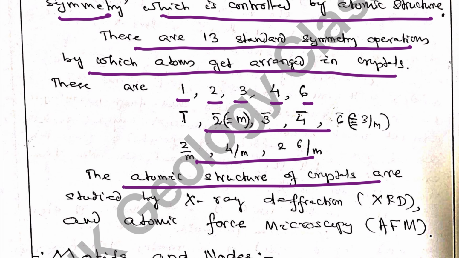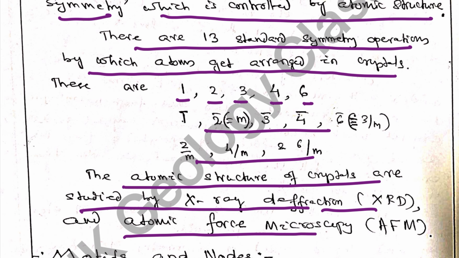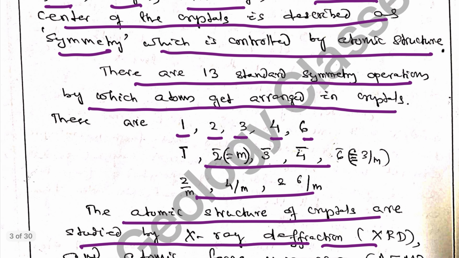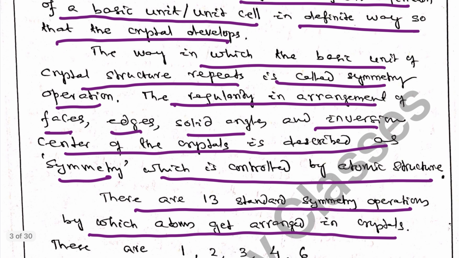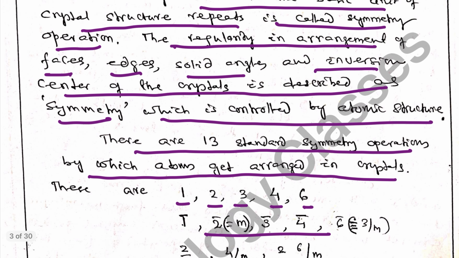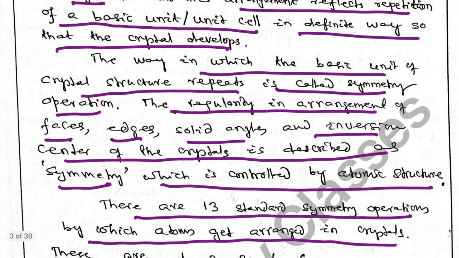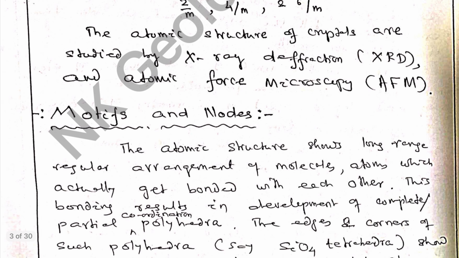The atomic structure of crystals is studied by X-ray diffraction (XRD) and atomic force microscopy, and these studies have revealed that the atoms are arranged in a regular manner with repetition of the smallest unit, that is the unit cell, so that the three-dimensional structure of the crystals develops. Let us know what is motif and what is node.